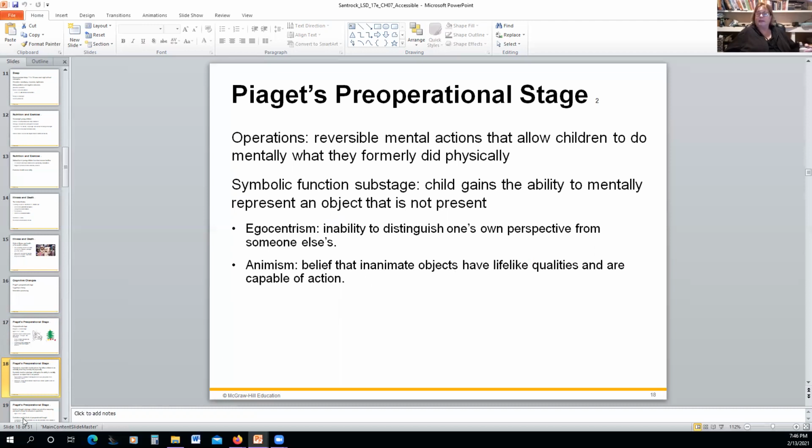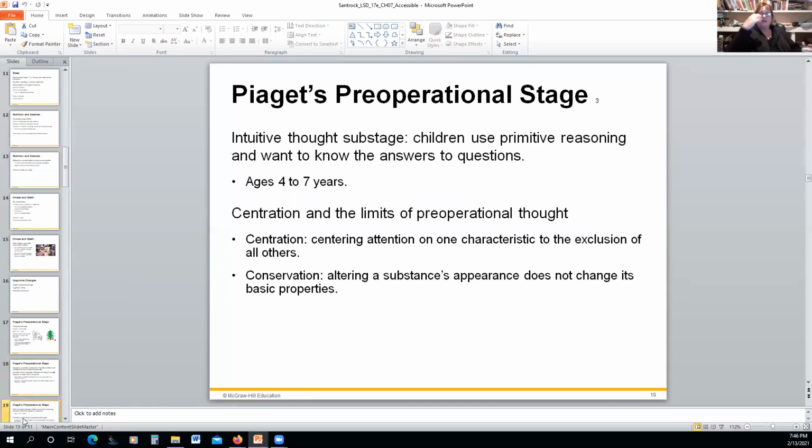Anytime a child feeds a baby doll, that's an inanimate object that they are making come to life. Other limits of thought, this idea of centration, and then conservation. This idea that they don't understand that things stay the same even if their shape is changed.